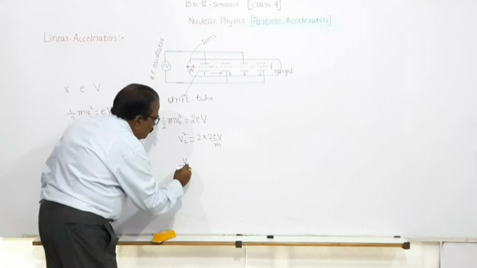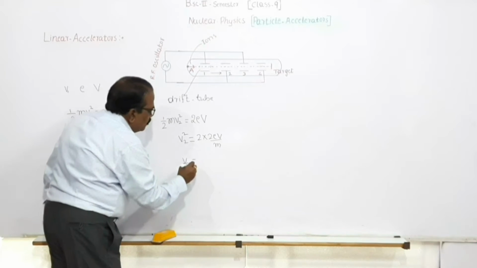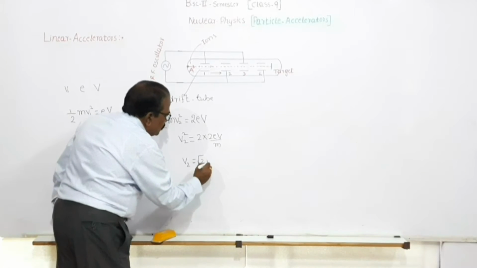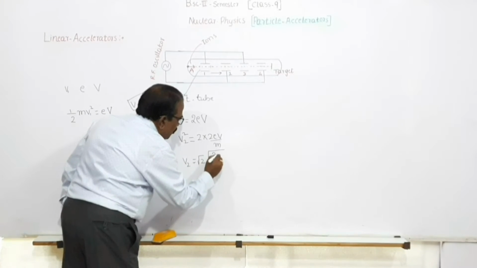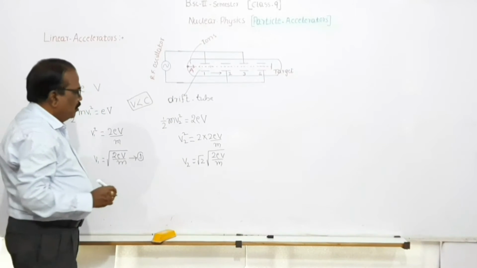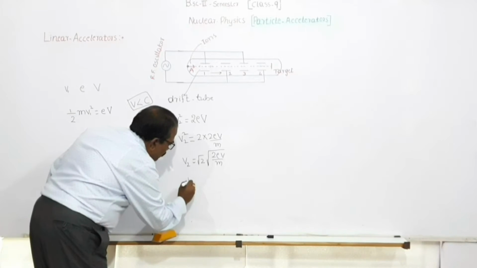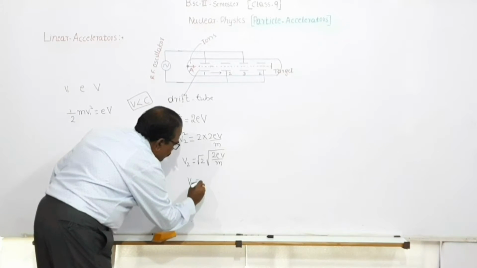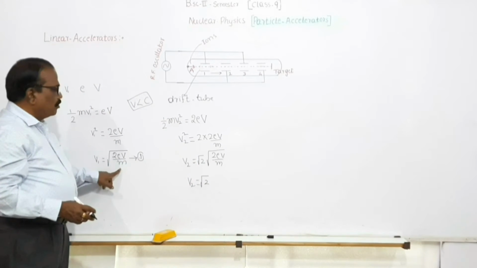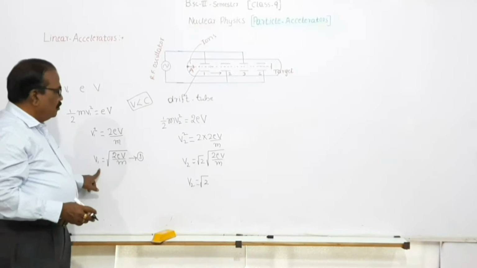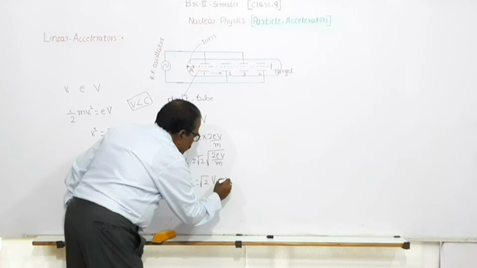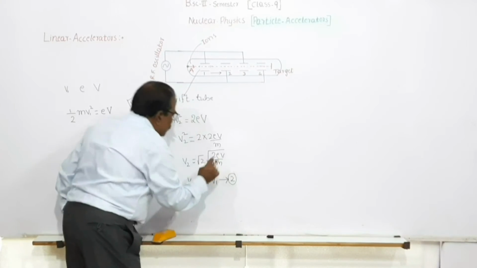Then this v2 is equal to square root of 2 times square root of 2EV upon m, or v2 is equal to square root of 2 times v1. Call this equation 2.